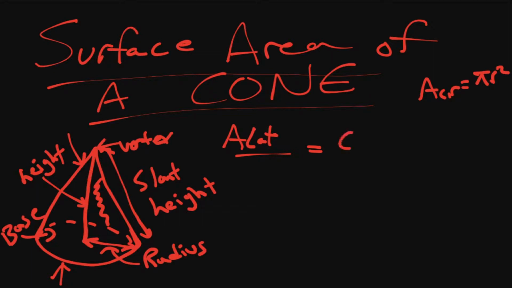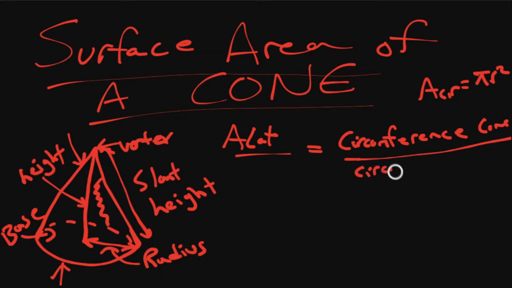So if we look at the circumference of a cone, and divide that by the circumference of a circle, the ratio of area is going to be the exact same.